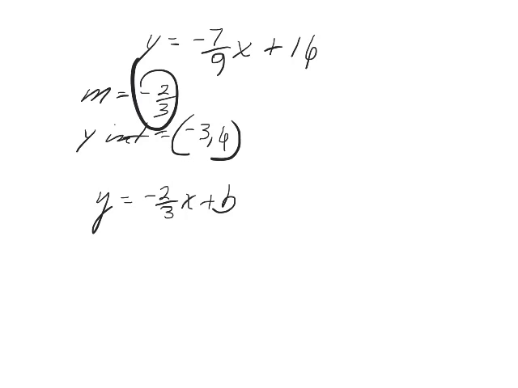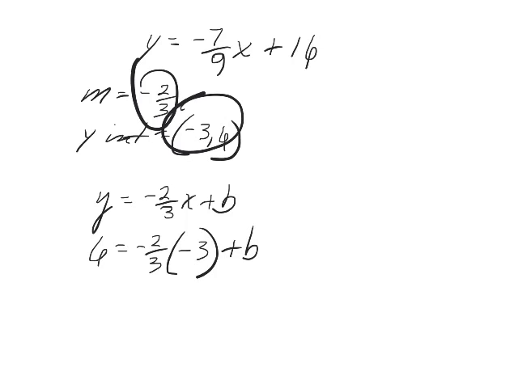Alright, the rule when you're trying to find the equation of a line is you have to know the slope and you have to know the y-intercept. And we don't know the y-intercept, we just know these 2 points. So in order to find b, we're going to plug those 2 points in. 6 in for y, and negative 3 in for x, and we're going to solve for b. So 6 equals 6/3 plus b.